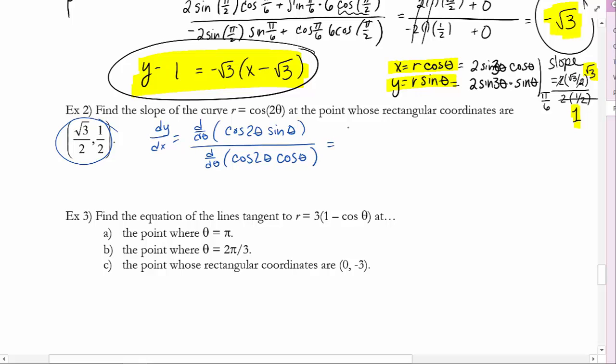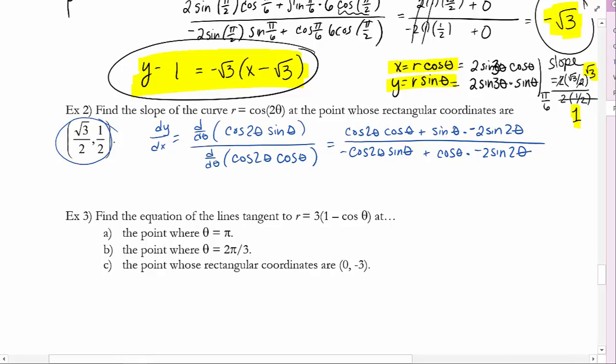That's going to be the first times the derivative of the second plus the second times the derivative of the first, and then again the first times the derivative of the second plus the second times the derivative of the first. So there's my slope, and I'm supposed to find the slope at this point, but that's not a theta point, so I need to make it a theta point.